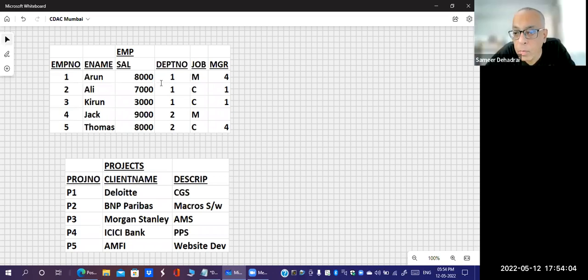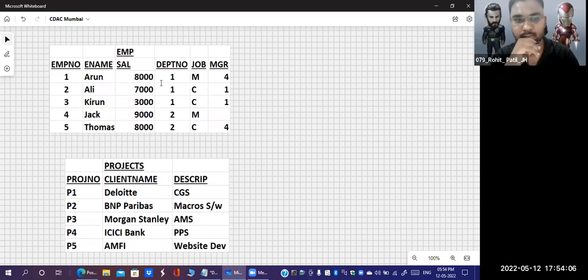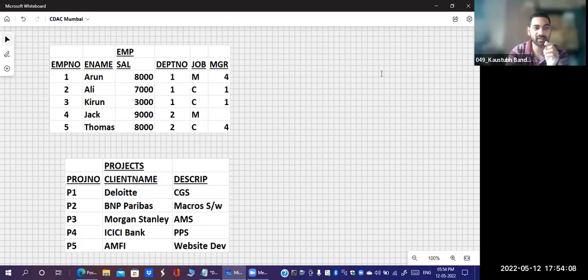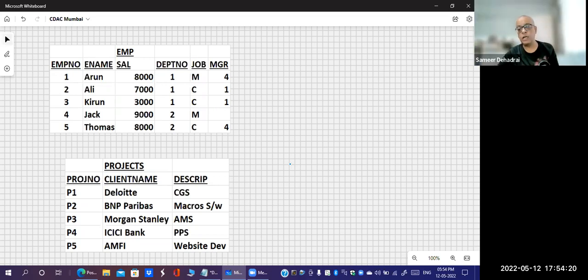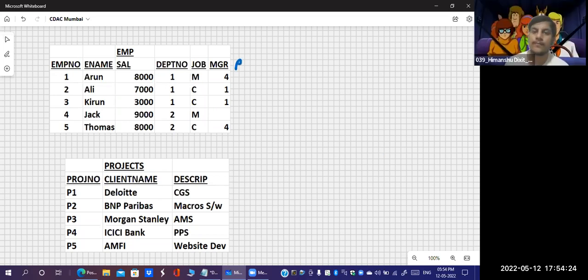Anyone? So, we will have to add another column in EMP, which will indicate which project they are working on. We can do it in the projects table also. Correct. Both answers are correct. One way of doing it is by storing project number in EMP.